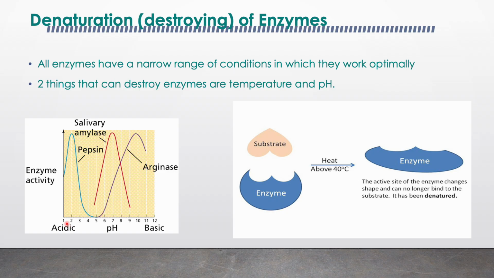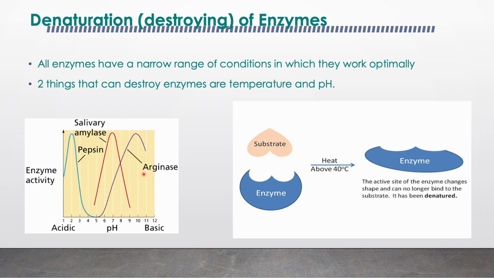When we look at the salivary amylase, its pH range is between a little lower than 6 and then a little higher than 8. Ultimately, it likes to be at a pH of 7. Again, you get outside this range, it's going to denature or destroy the enzyme.